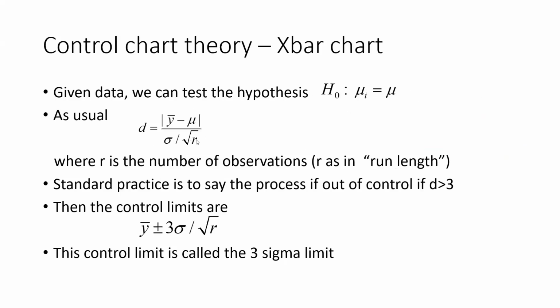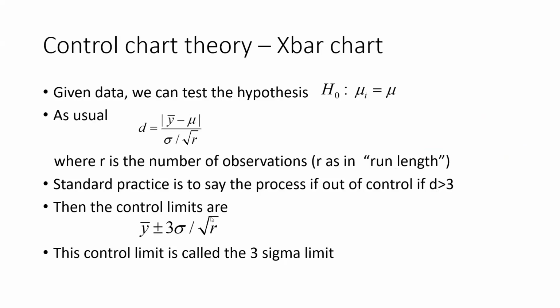I think we have 30 observations for each day, so it would be 30. The standard practice is to say a process is out of control if D is greater than 3, so if we are 3 standard deviations away from the mean.